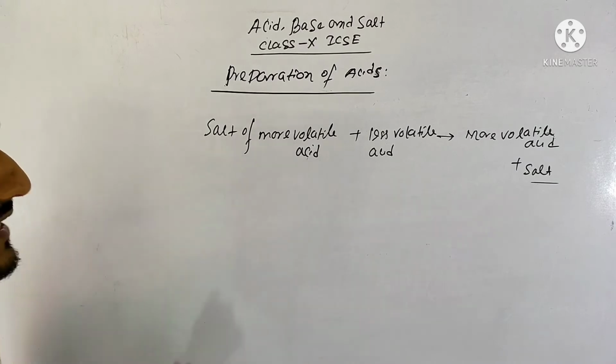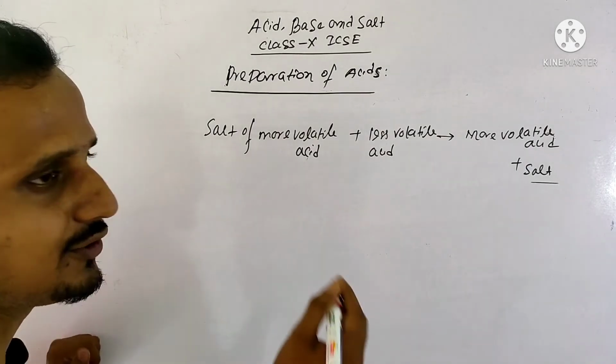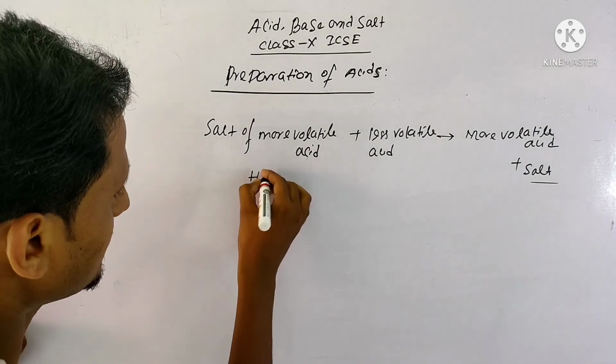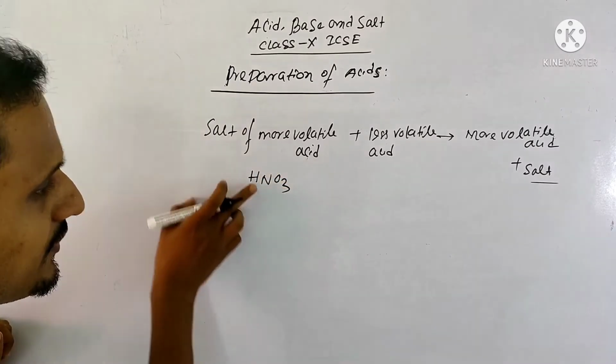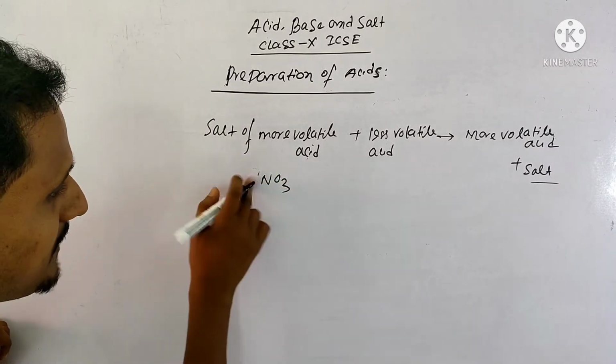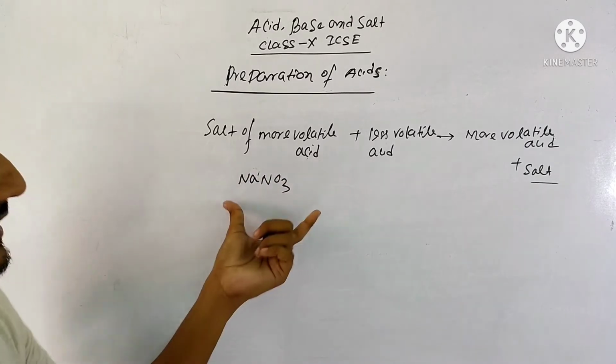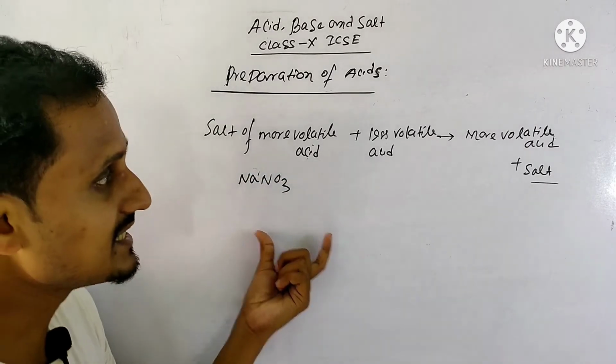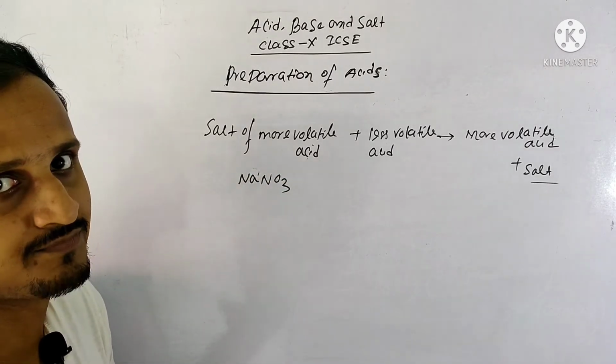Okay, say one example. The salt of nitric acid: we know that HNO3 is nitric acid. Now if you replace one of the hydrogens by sodium, it will be a salt of nitric acid. Now nitric acid is more volatile than sulfuric acid.